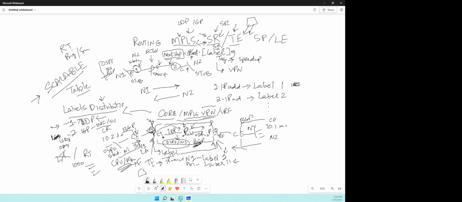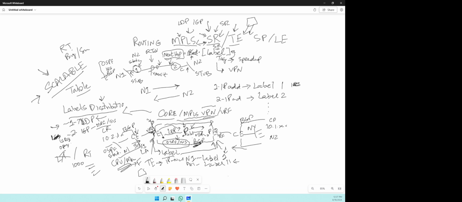You don't have to talk to thousands of routers in your core to make that decision or program them. You're programming them right at the edge. That's how you scale, and how you optimize your network for multi-tenancy for service providers and even very large networks. So that's a very super concept.